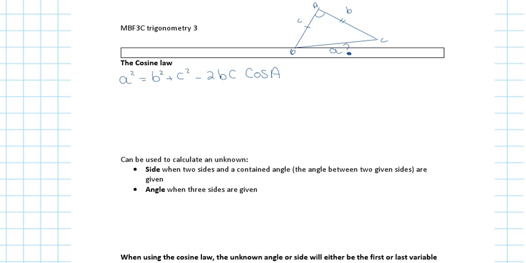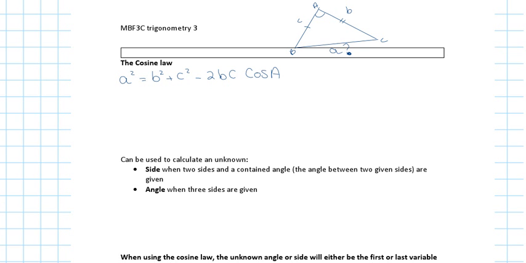So I know side B and side C, and I know angle A. It will be B squared plus C squared, because these are the two sides that I know, take away 2BC multiplied by cos angle A. When you finish plugging in your information and finding the answer, it's going to give you A squared, right? So you have to do the square root to find just the side A.